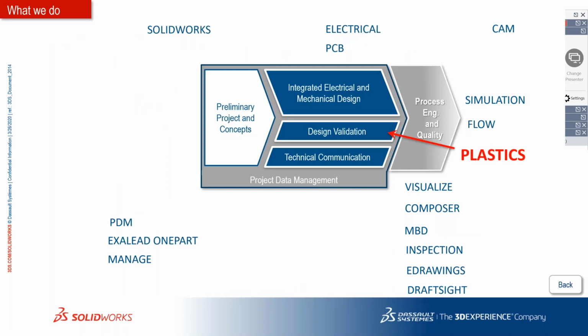Let us now see where we fit in design validation for today's topic, plastics. When the concept is done and the mechanical design is done, it has to be validated. In any design, we have to see the manufacturability of it, whether it can be manufactured, and if yes, what the material is, what the cost would be, what the maximum retail price or end selling price would be, and so on.